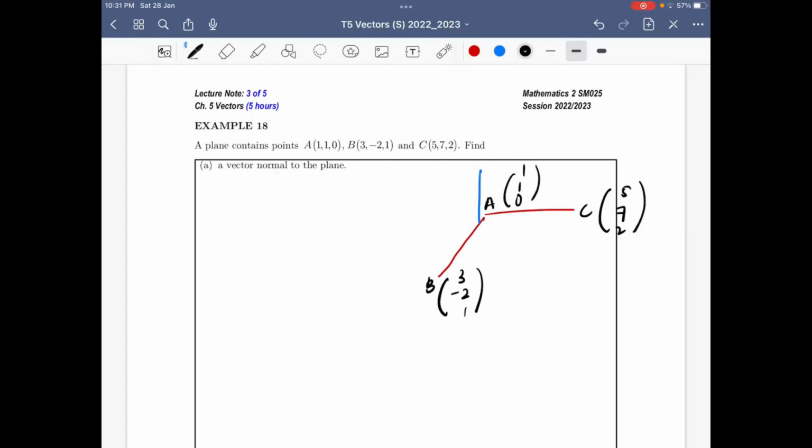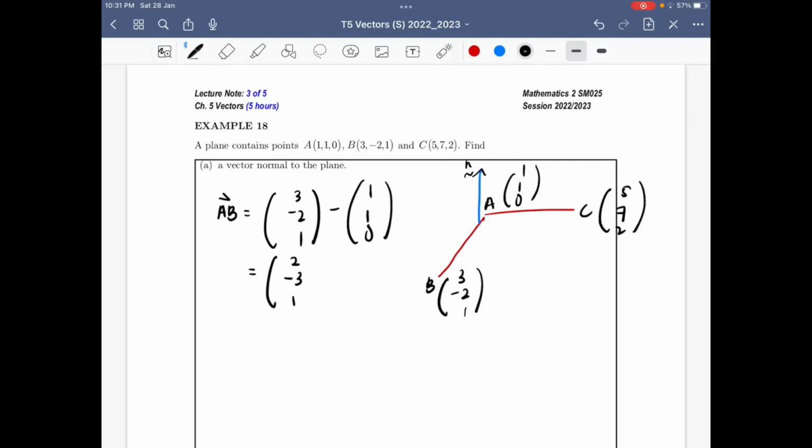If we cross AB and AC, we will find the normal vector. Direction vector AB means B minus A. B is 3, negative 2, 1, my A is 1, 1, 0.